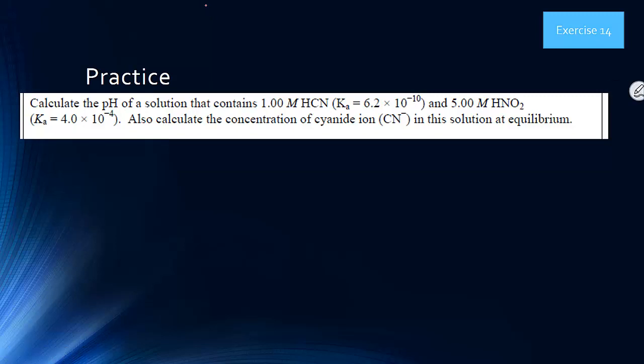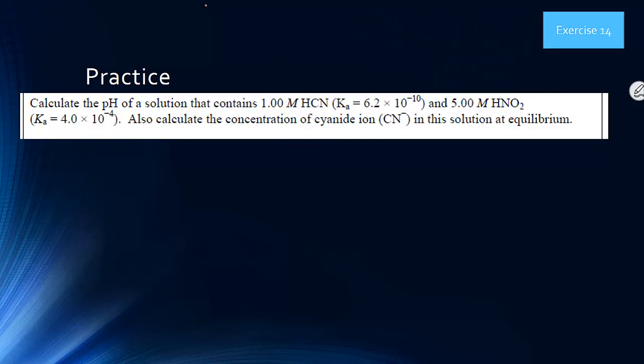Both of these acids are going to dissociate, but notice that nitrous acid's Ka is substantially larger than the Ka of hydrocyanic acid. This means that nitrous acid will dissociate first, and anything left over, hydrocyanic acid can play with.